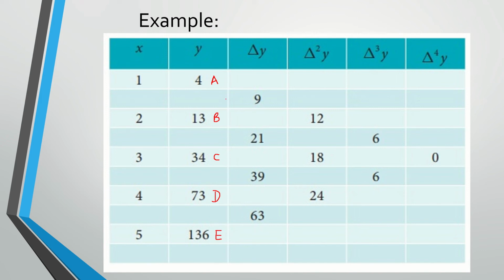I'll simply find the difference of these two, and I would call that A back. That is my another A, and that is basically B minus A. And I would call this one as B for the next time, and that would be for me C minus B.